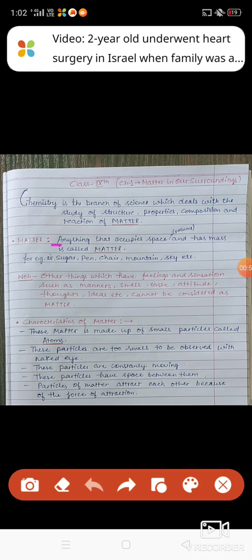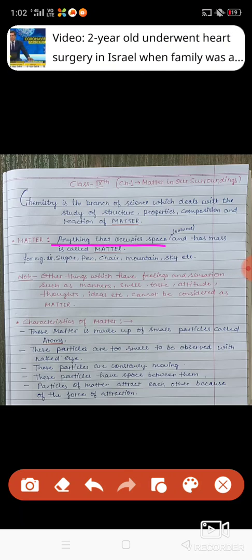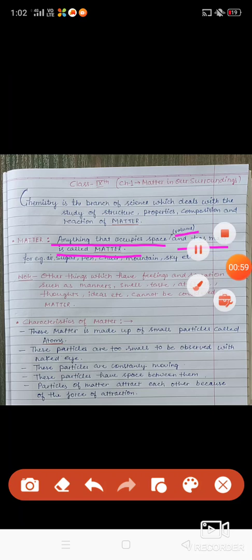So now we try to understand the definition of matter. What is the definition of matter? Anything that occupies space or volume and has mass is called matter. In this definition, these are the two main criteria to identify matter.